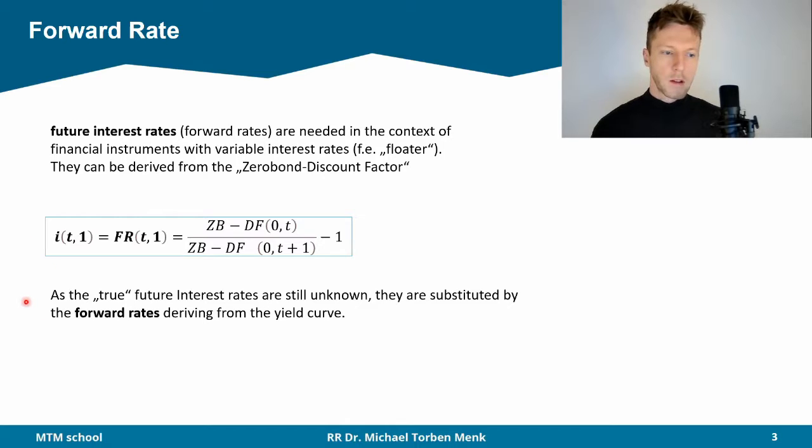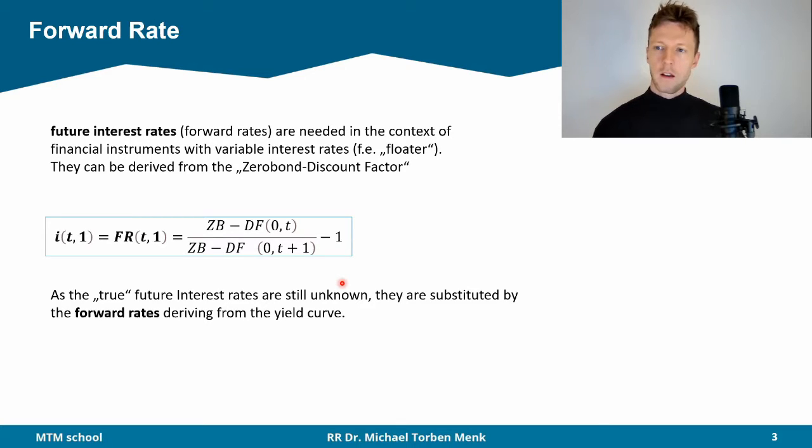But before that, I want to repeat what I already said in the sentence down here. As the true future interest rates are still unknown, they are future interest rates, and they are not yet generated by the market. And therefore, you just have to guess if it's about future interest rates.